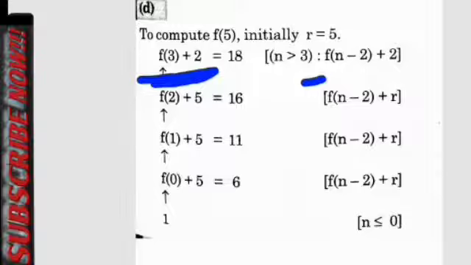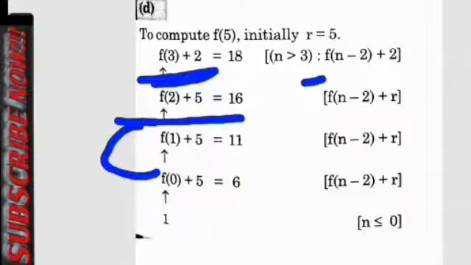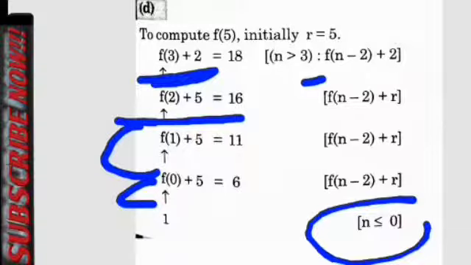When we find the value of f3, we get f2 plus 5, and when we find the value of f2, we get f1 plus 5, and when we find the value of f1, we get f0 plus 5, and we know that n is less than or equal to 0, so f0 equal to 1.